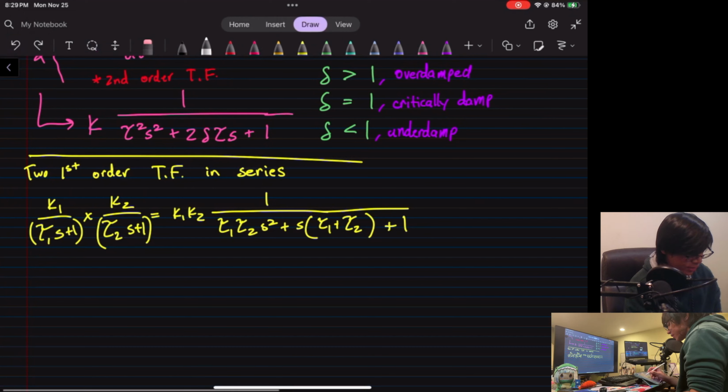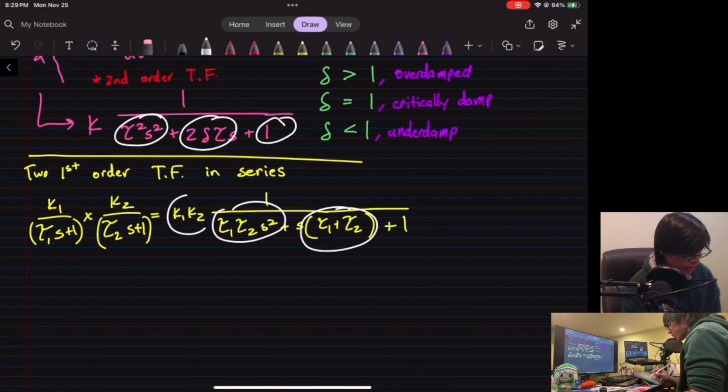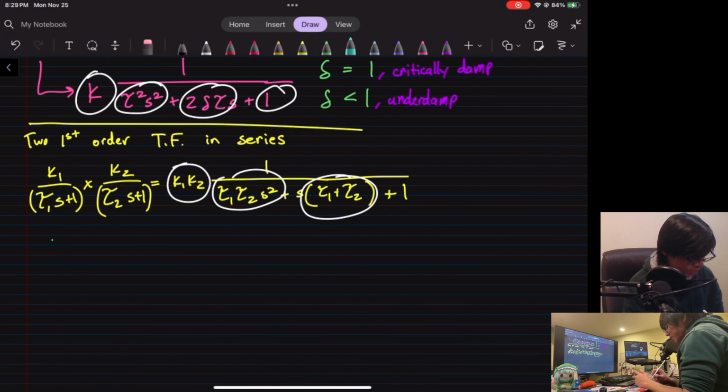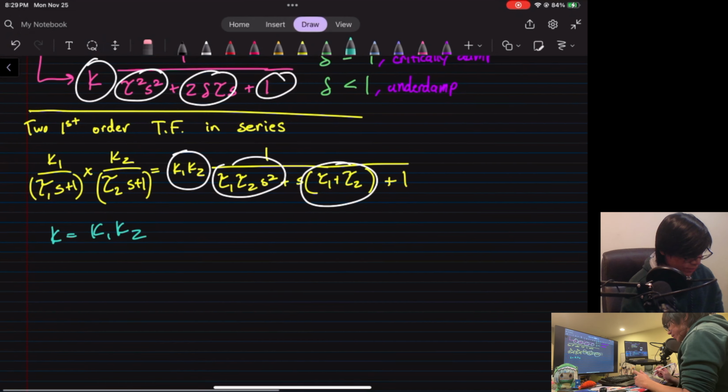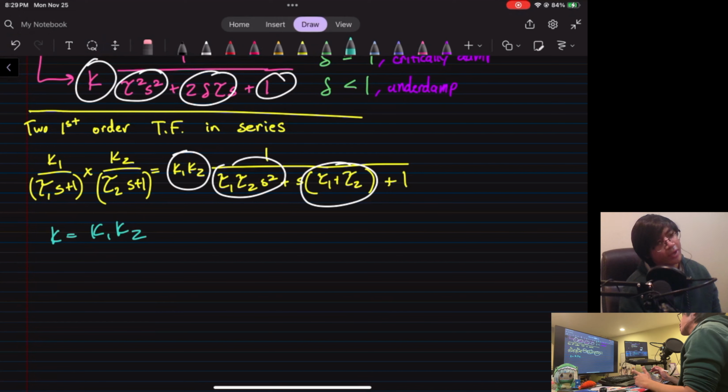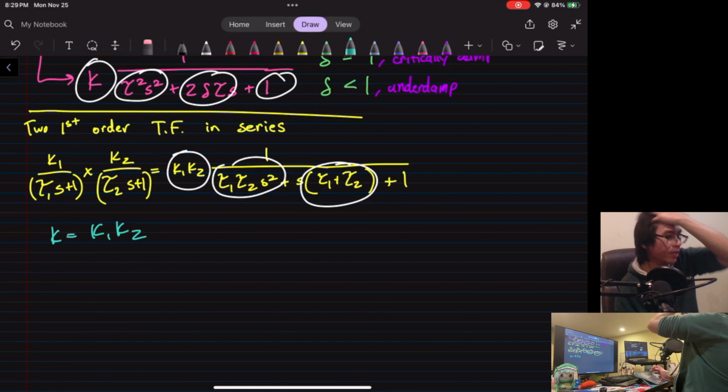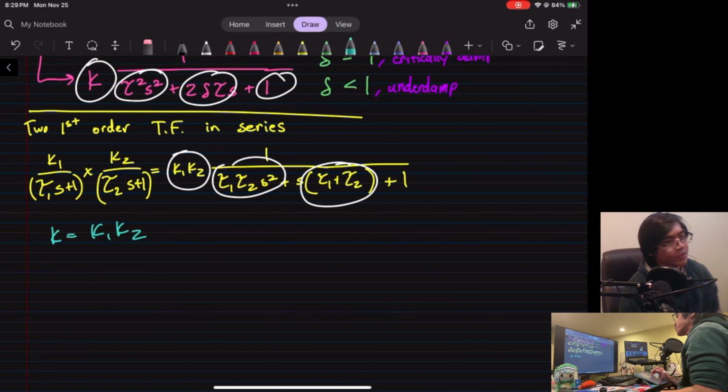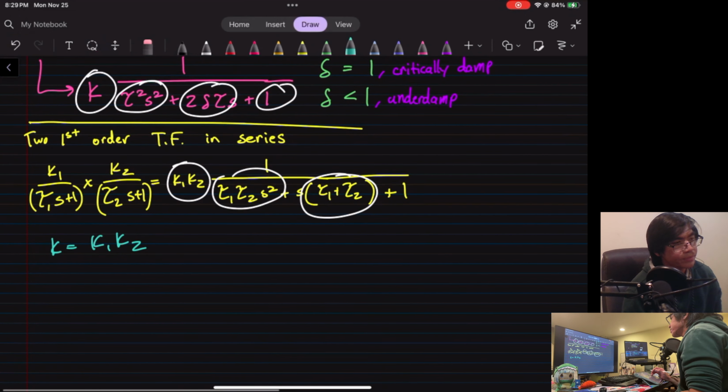So we relate each term in the denominator and also our k1, k2 to the k. First we have our k, that's pretty easy, that's k1, k2. Next we have that tau squared. Remember the s squared is that substitution for j omega. Do I actually need to substitute j omega here? Let's see.